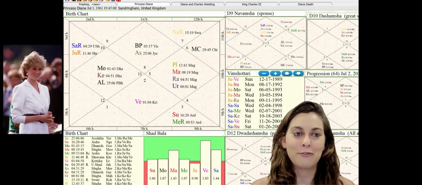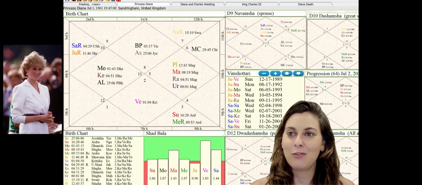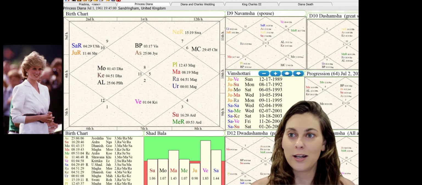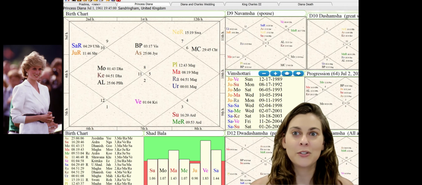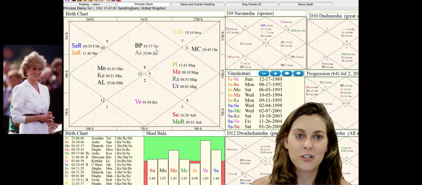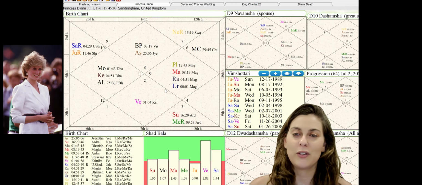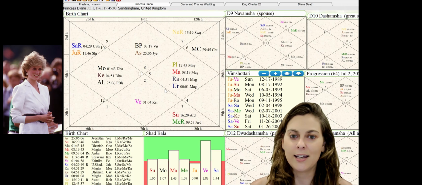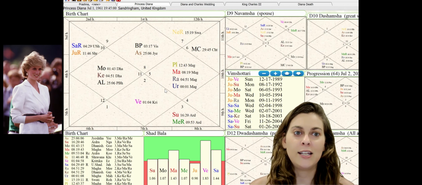There's no amount of time I could break it all down for you, but I am going to give you a basic reading of her D1 birth chart today. This is the big chart in the middle here, her D1. This is going to be her physical reality, and because she died so early in life, it is going to be the main focus.